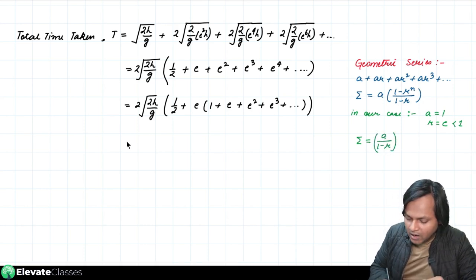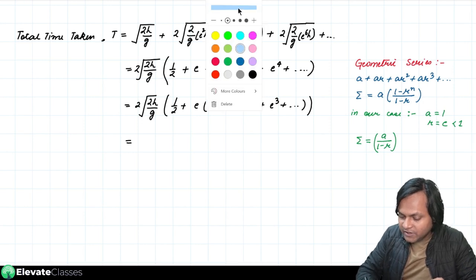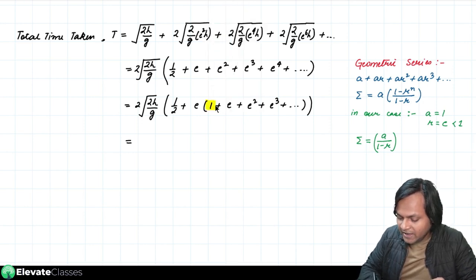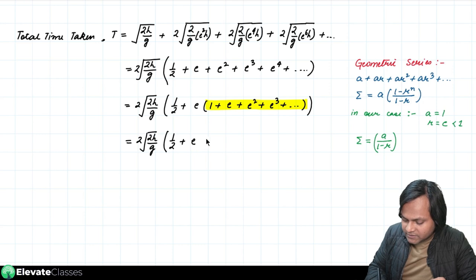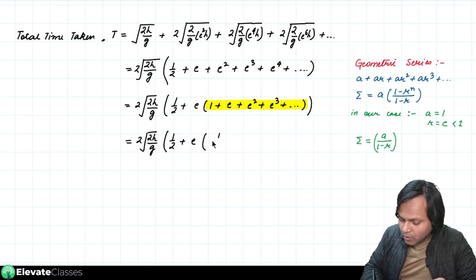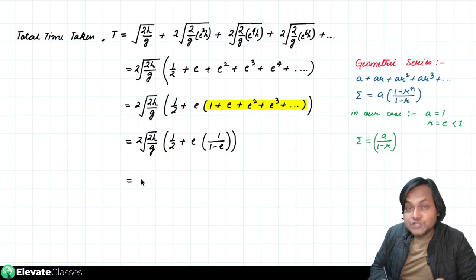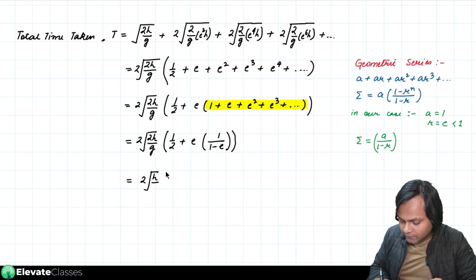So therefore, for our case, if I add up this particular series, I end up getting root over 2h upon g, half plus e, and this should give us 1 upon 1 minus e. Let us just finish this problem. We have already done most of the work. This should give us a simpler version of the expression for our final answer.